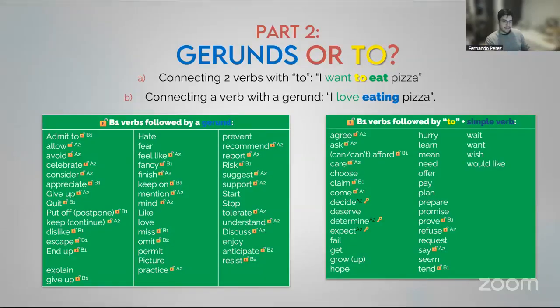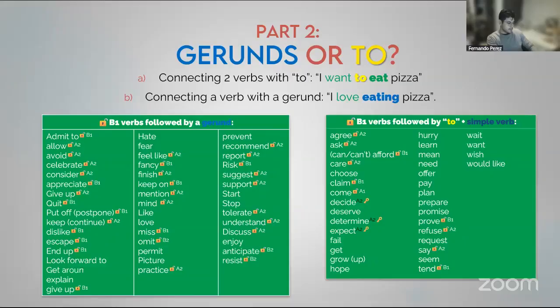You need to get familiar with the words, and then you can use these correctly. Look forward to, get around to, feel like, think about.